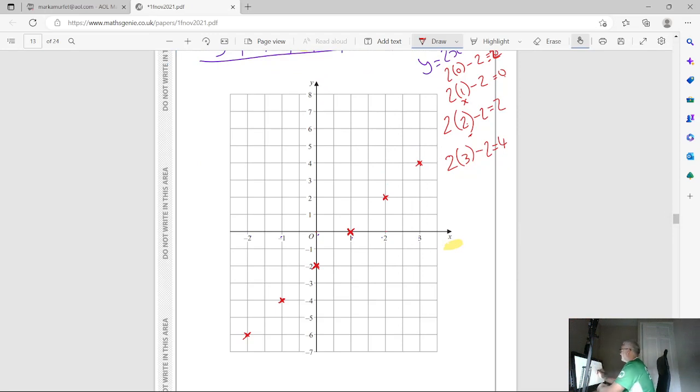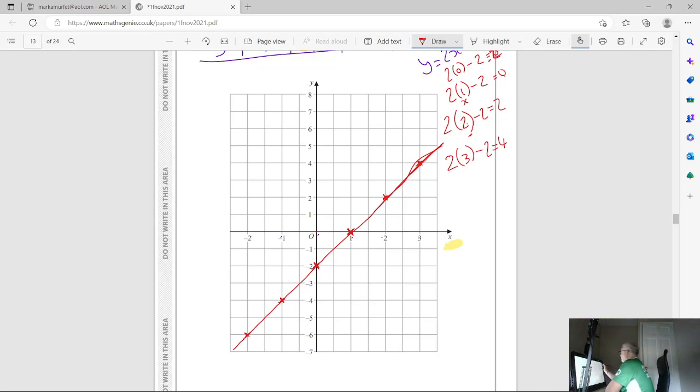And then what you would have to do, it's slightly difficult on this particular system, is try and draw a straight line through those points. Make sure it's a straight line and you use a ruler. Difficult to do on the screen. And then you've plotted the points and you've drawn the line. If you do not draw the line between the points, you lose a mark.